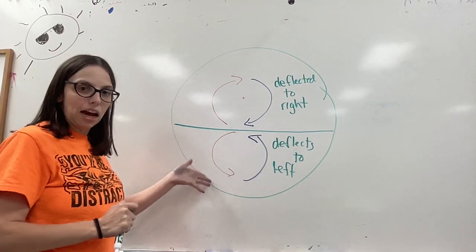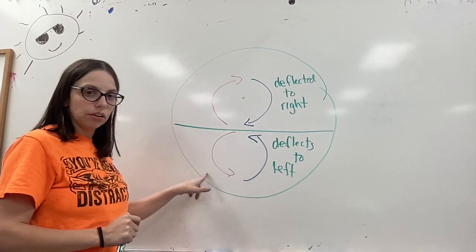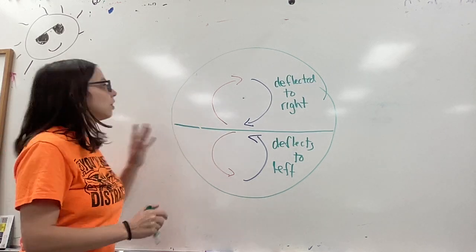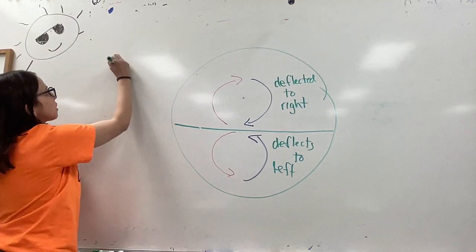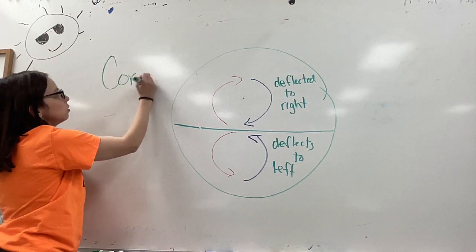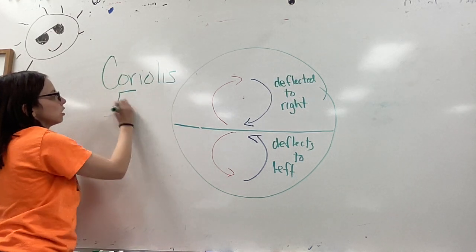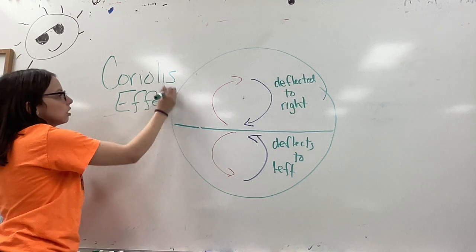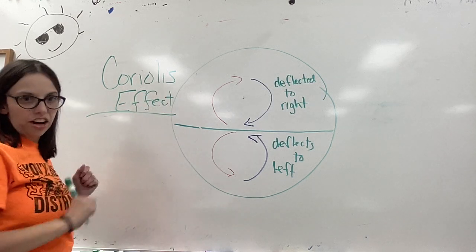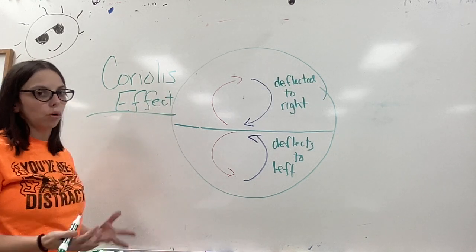Why do they always go to the left down here but to the right up yonder? That has something to do with the Coriolis effect.